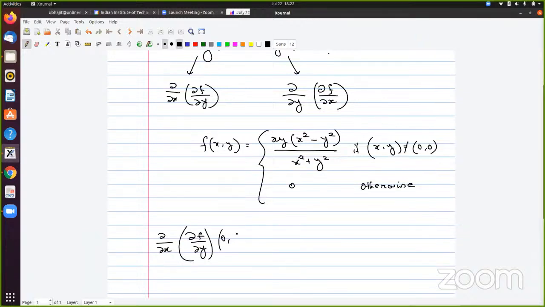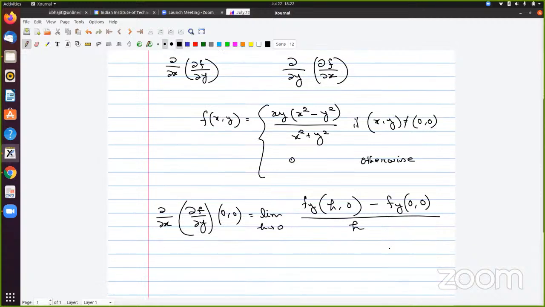So what is the definition for this? This is f_y with respect to x, so f_y(h,0) minus f_y(0,0), upon h. Yes, sir. So we need to find what is f_y(0,0) and f_y(h,0). Do you know this thing?